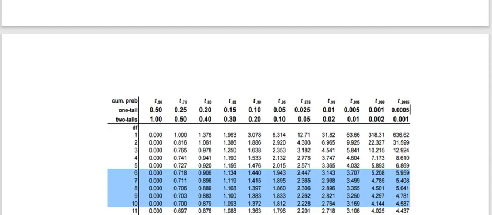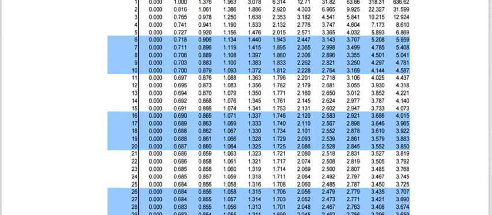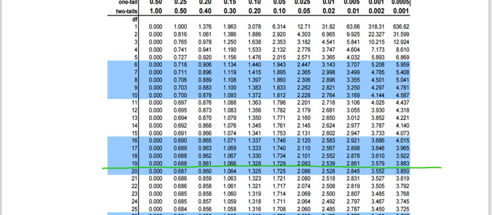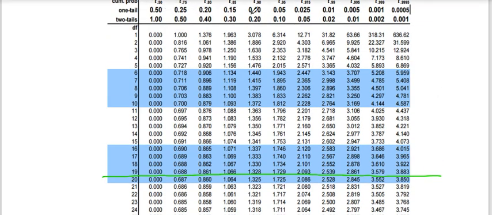Here's the t table. Degrees of freedom is 19, and one tail, this one. So we find this is 1.729.